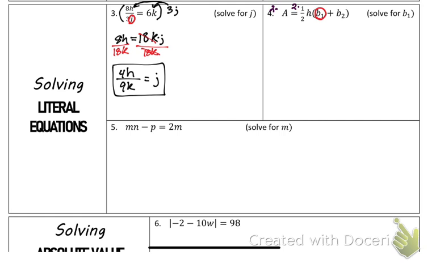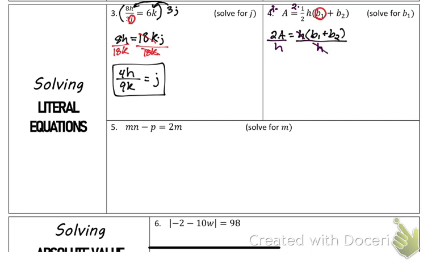So we're going to have 2 times 1/2, which will just be 1. On the left-hand side, I'm going to have 2a equals 1h times b sub 1 plus b sub 2. Once again, I don't want to distribute that h because it's already factored out. So what I can do here is divide both sides by h.